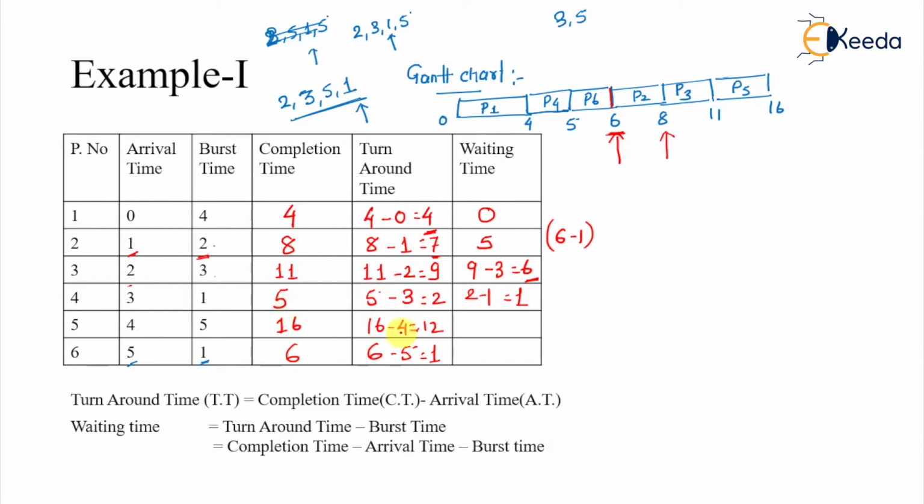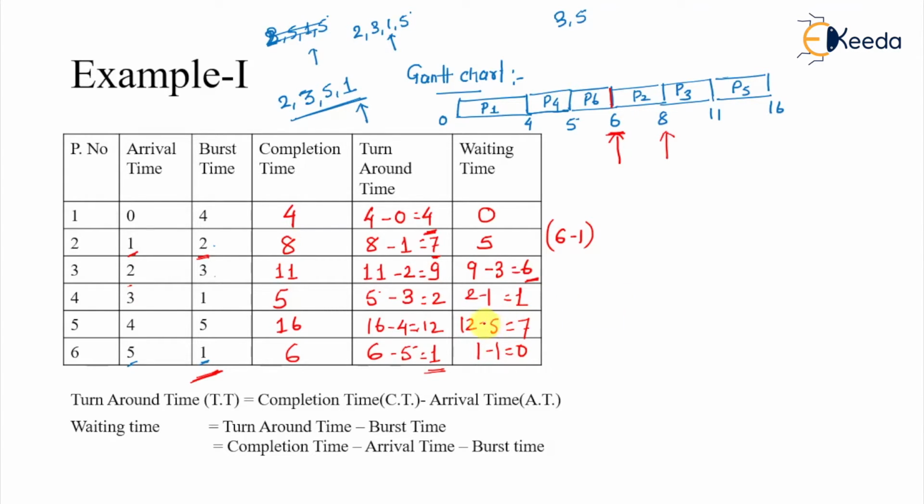For P5, 12 out of 12, 5 is the burst time, so 12 minus 5 is equal to 7. For P6, 1 is the turnaround time and 1 is the burst time, and 1 minus 1 leads to 0.